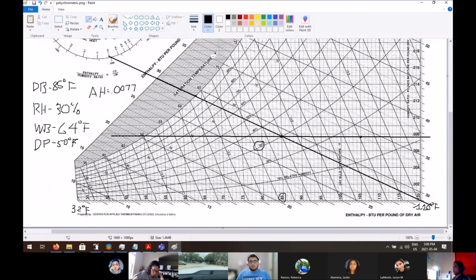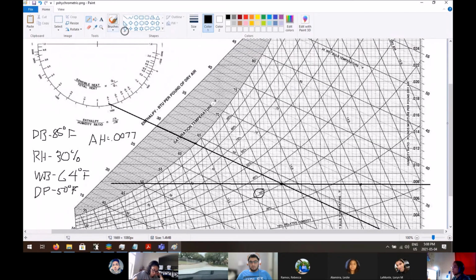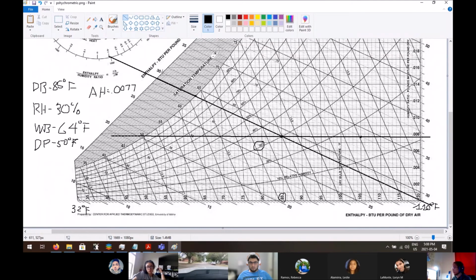And then you have enthalpy, which is BTUs per pound of dry air, which I sort of consider to be the energy of a certain climate, sort of like how much energy it holds.